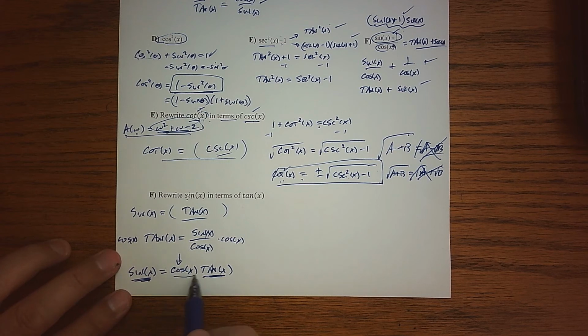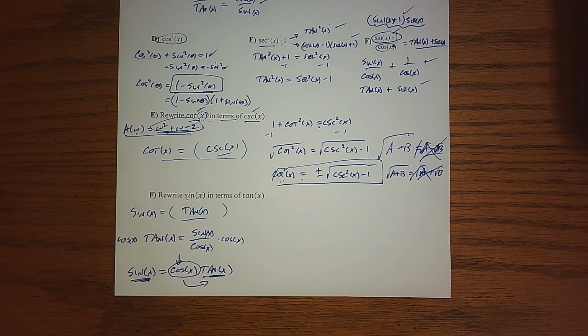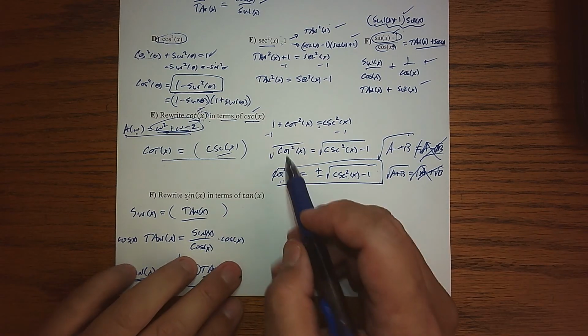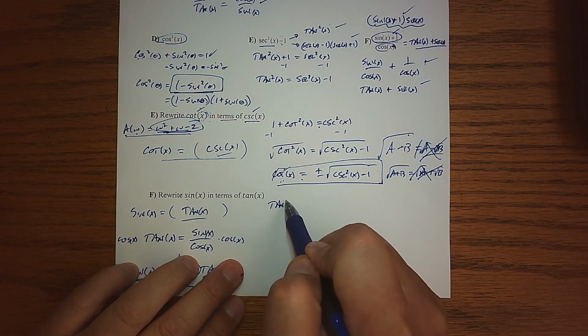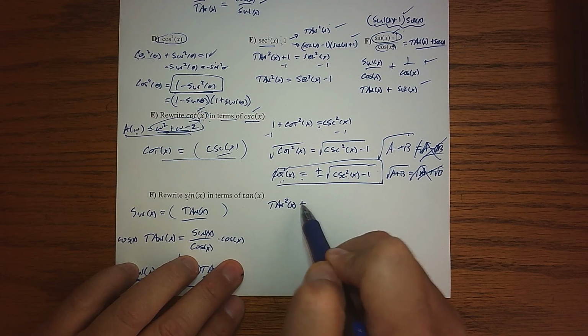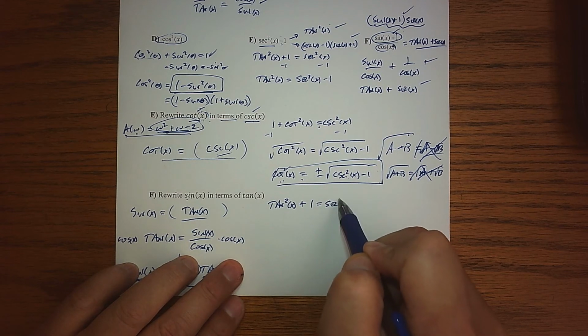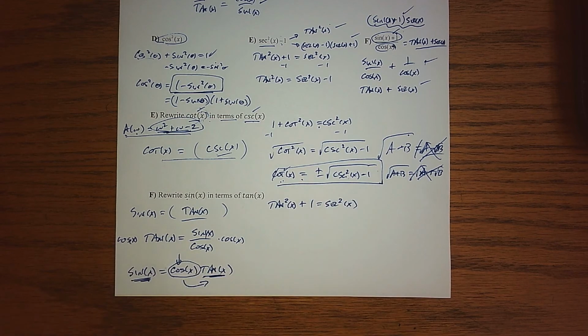The bad news is I only want it represented in terms of tangent, and I've got a cosine there. So we need to figure out how to rewrite cosine in terms of tangent. It seems like we're going to be way out in left field, but let's start with the Pythagorean identity: tangent squared plus 1 is equal to secant squared.